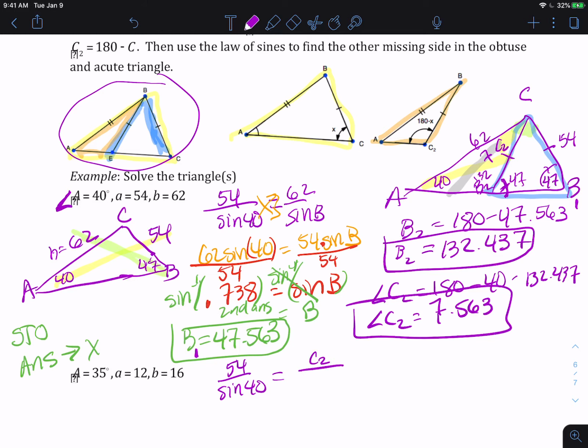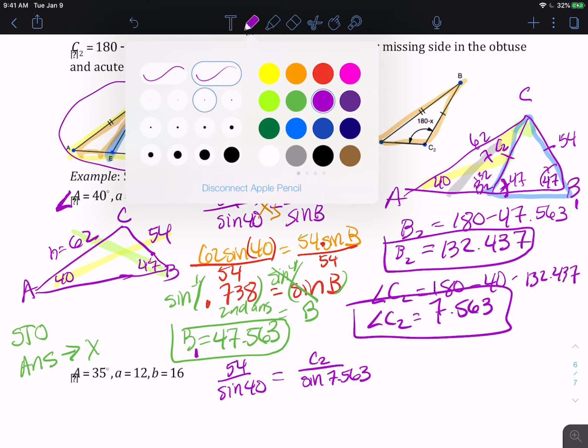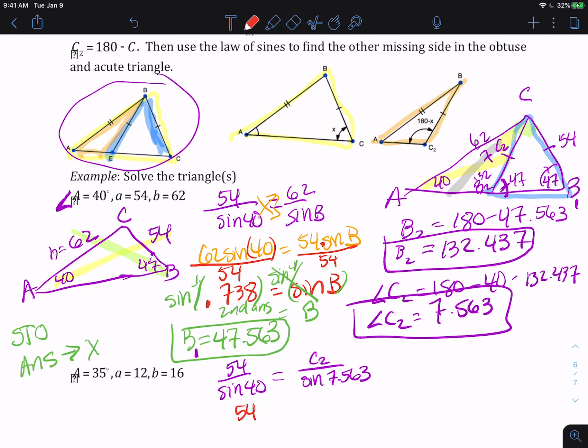So little c2 over sine of 7.563. Okay, so I'm going to cross multiply again. So we have 54 sine 7.563 equals C2 sine 40. Well, I want the C2 by itself, so to get the C2 by itself, I need to divide by sine 40.